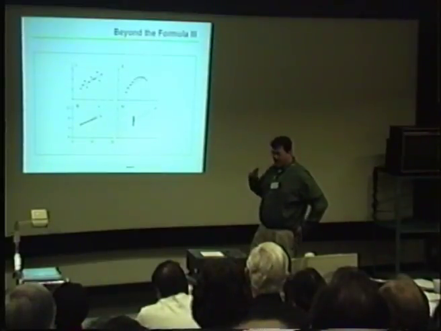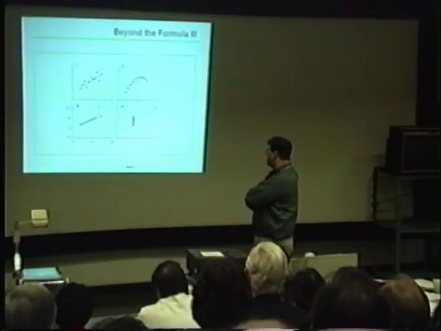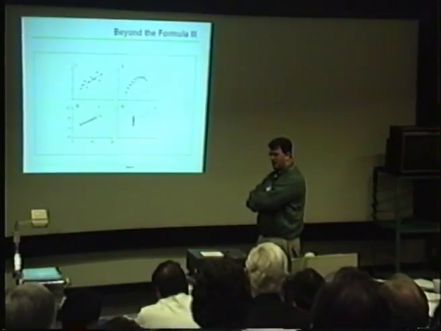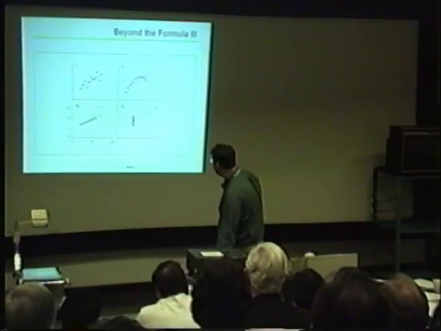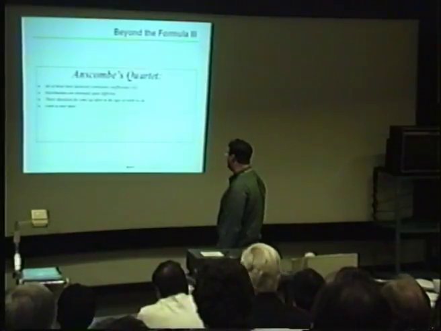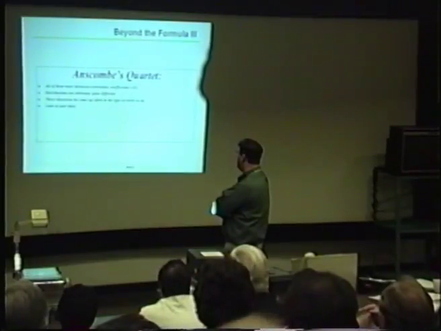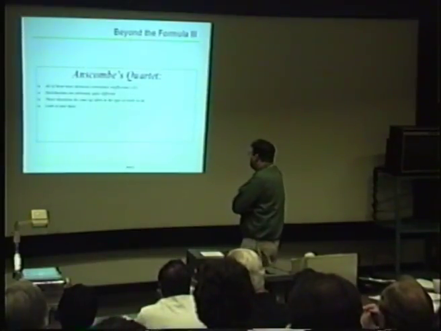And I guess the important thing to know is that simply looking at a correlation coefficient won't tell you anything about the underlying distribution. All of these have the same correlation coefficient, and the distributions are obviously different.